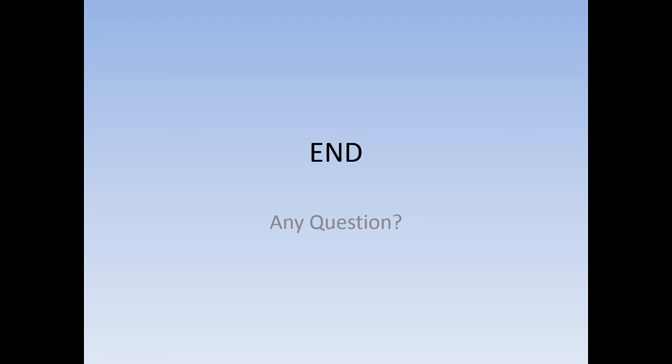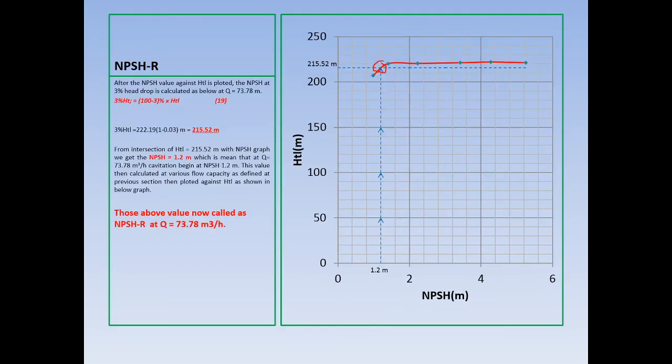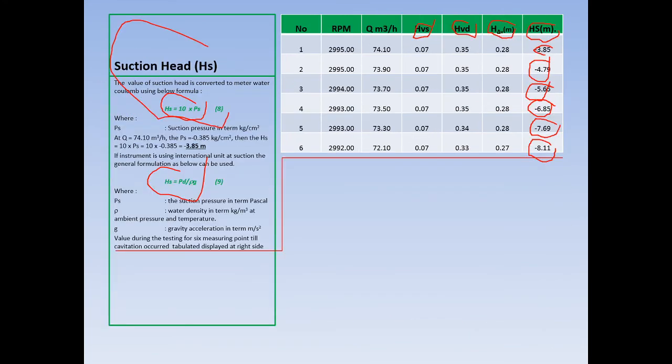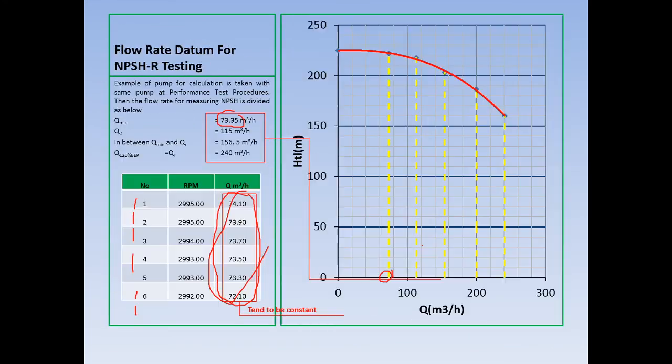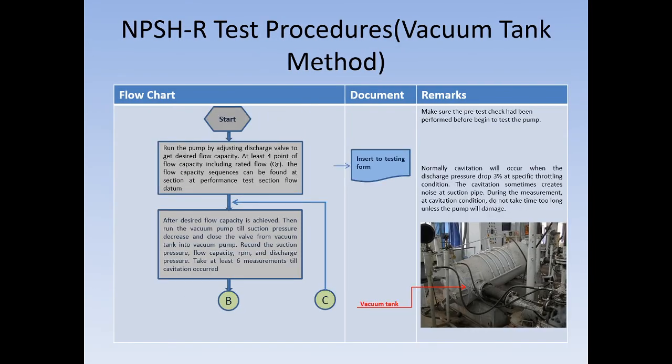Okay, we haven't talked about the NPSH required testing based on the vacuum tank, but the objective is the same. The vacuum tank is usually for small pumps, let's say 10 cubic meters per hour.